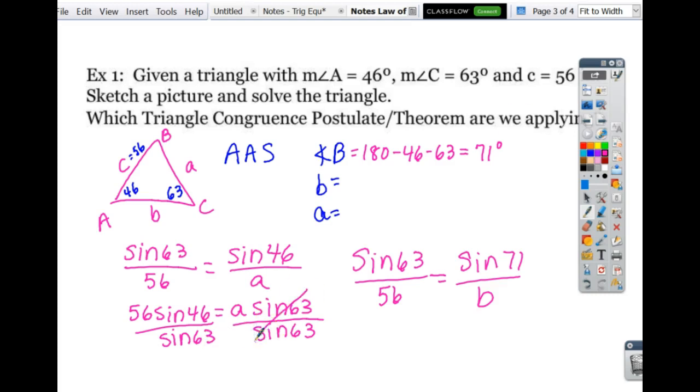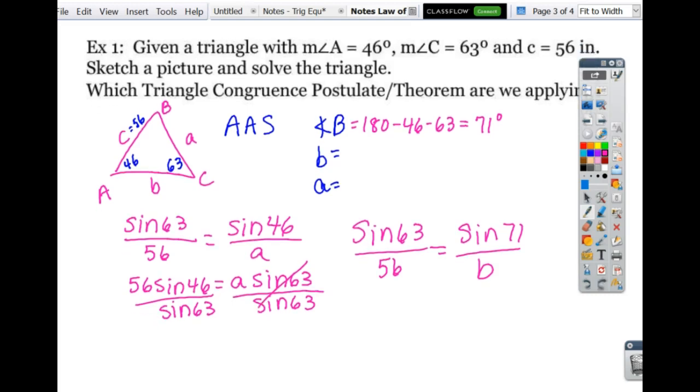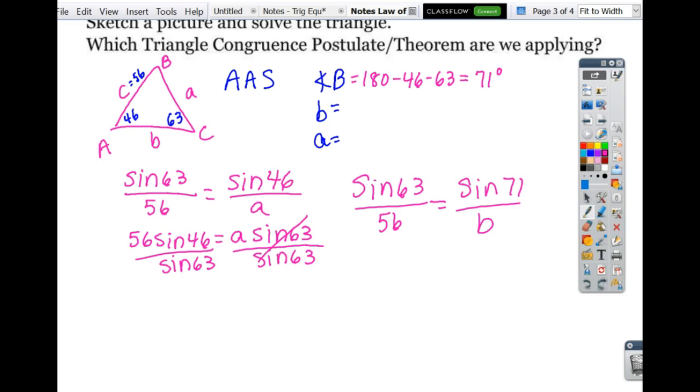So now I've got A: 56 times the sine of 46 divided by the sine of 63. I suggest you all do that on your calculator, and if you don't have one, get one. I got 45.210.